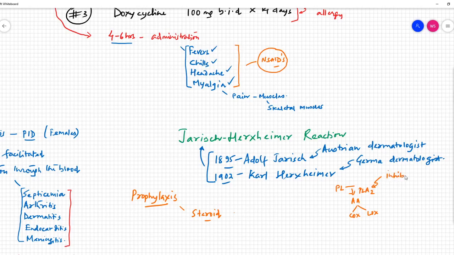They inhibit phospholipase A2 enzyme, so they prevent the conversion of phospholipids to arachidonic acid. PL is phospholipid and AA is arachidonic acid. COX is cyclooxygenase enzyme. LOX is lipoxygenase.